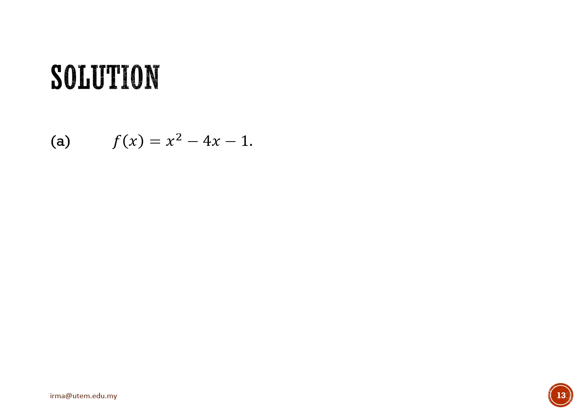To solve this, the first step is to differentiate f x, which gives f prime x equal to 2x minus 4.